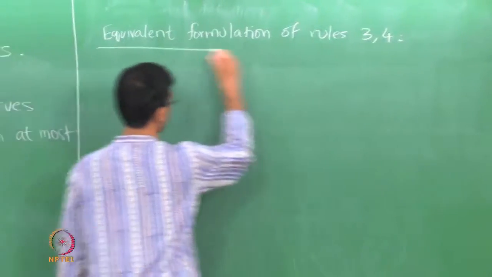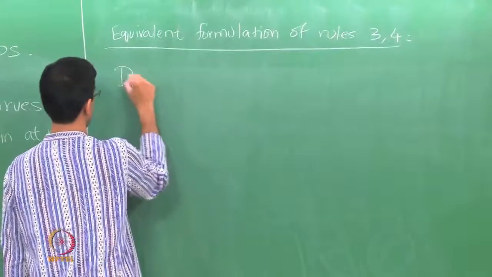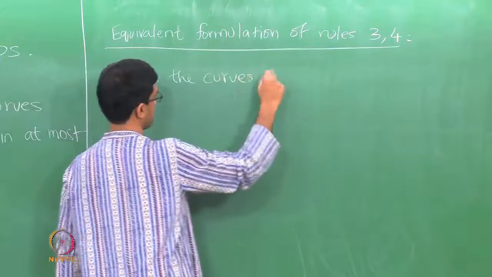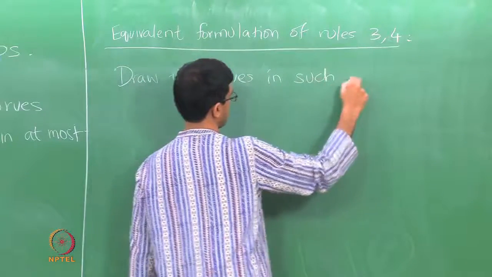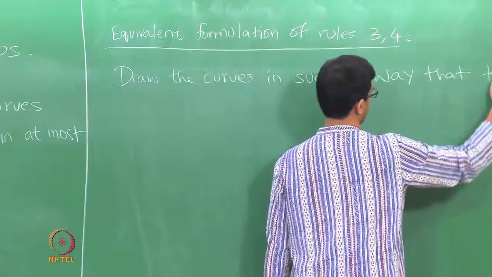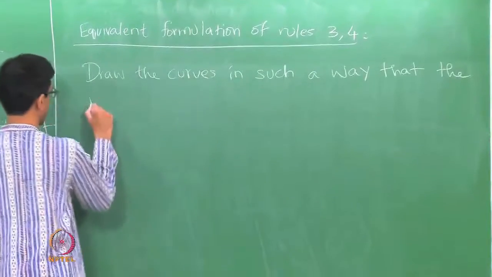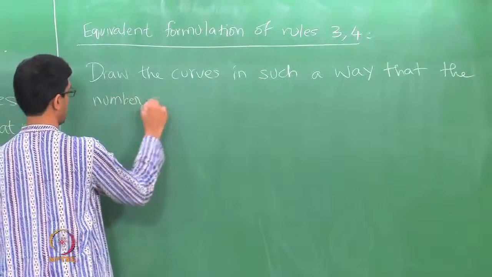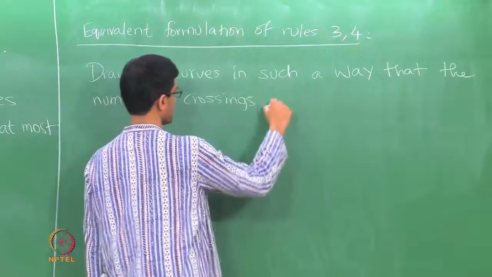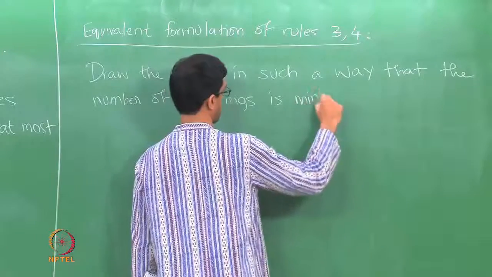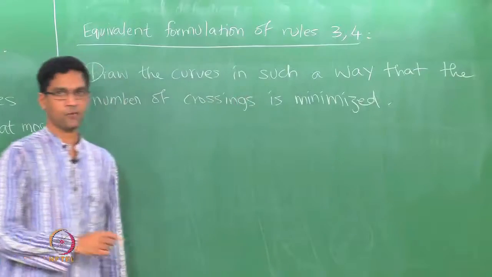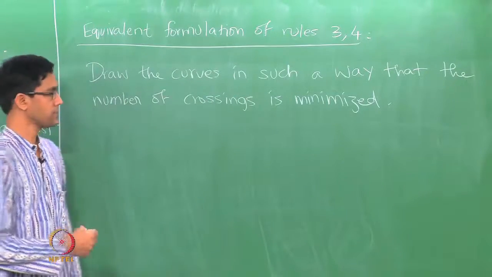That is to say, you draw the curves in such a way that the number of crossings that you produce in the diagram is minimized.